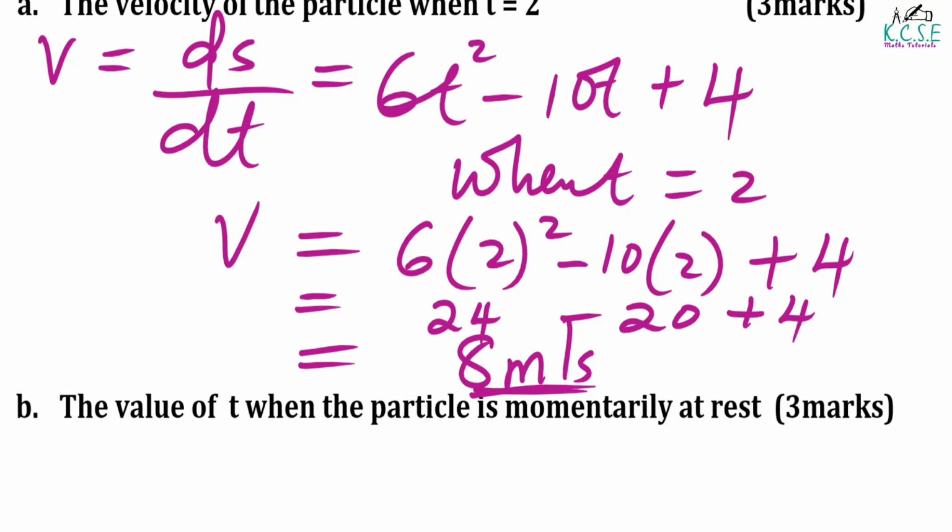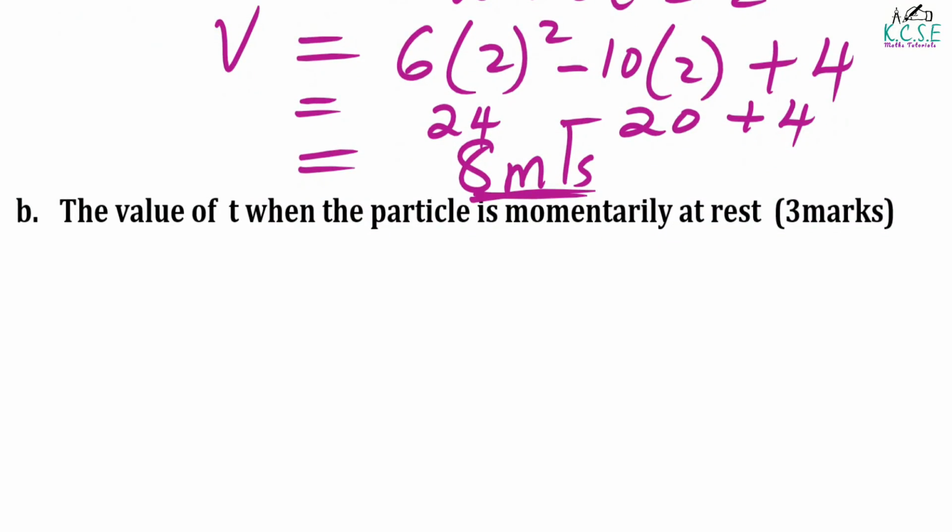Now the second part of the question, the value of t when the particle is momentarily at rest. One thing we are required to know is that when the particle is at rest, velocity will be 0.